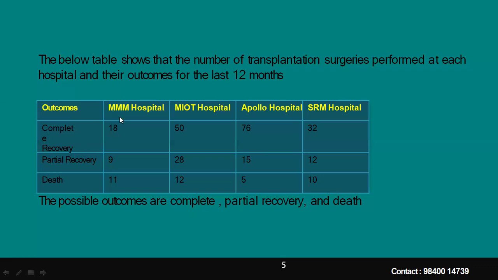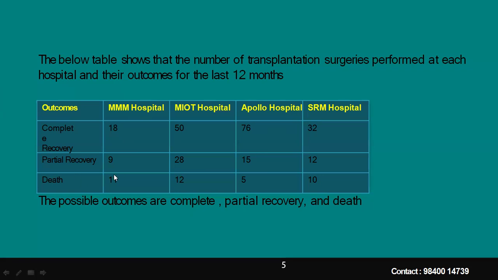So here you note down all the values based on the survey, or the data that you collected. In Triple M hospital, of those people who underwent heart surgery, 18 people recovered completely. But in Mayot hospital, 50 people, and Apollo, 76 people completely recovered. In SRM hospital, 32 people recovered.